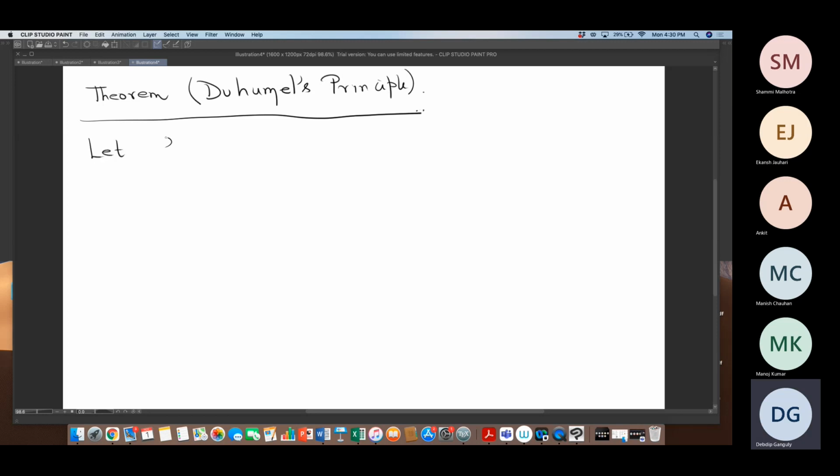Let f be a C2,1 function with compact support on R^n cross (0, infinity).